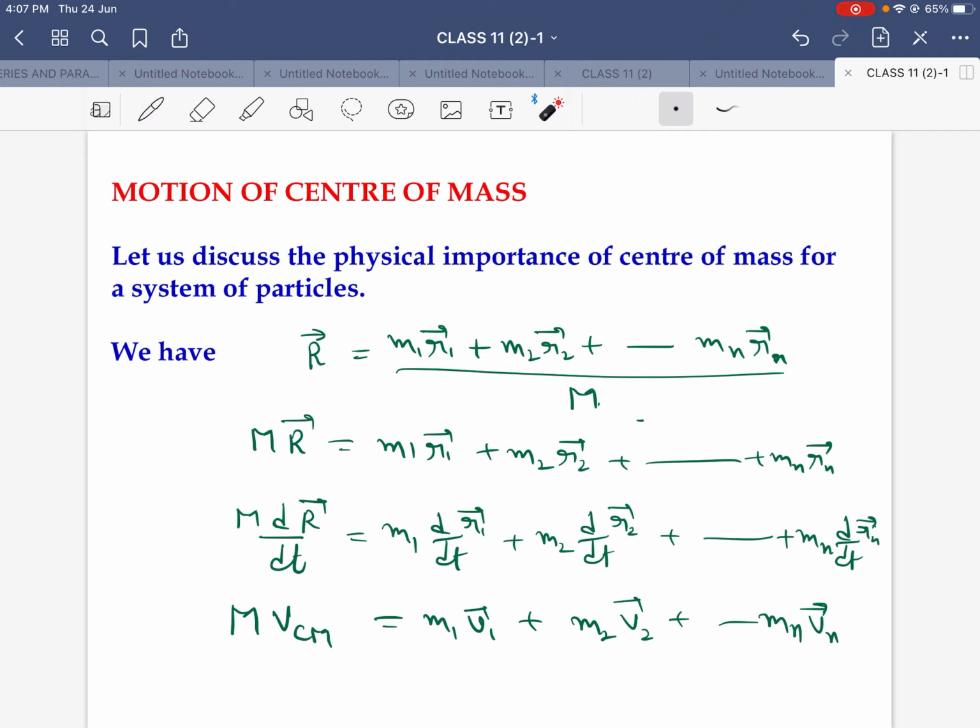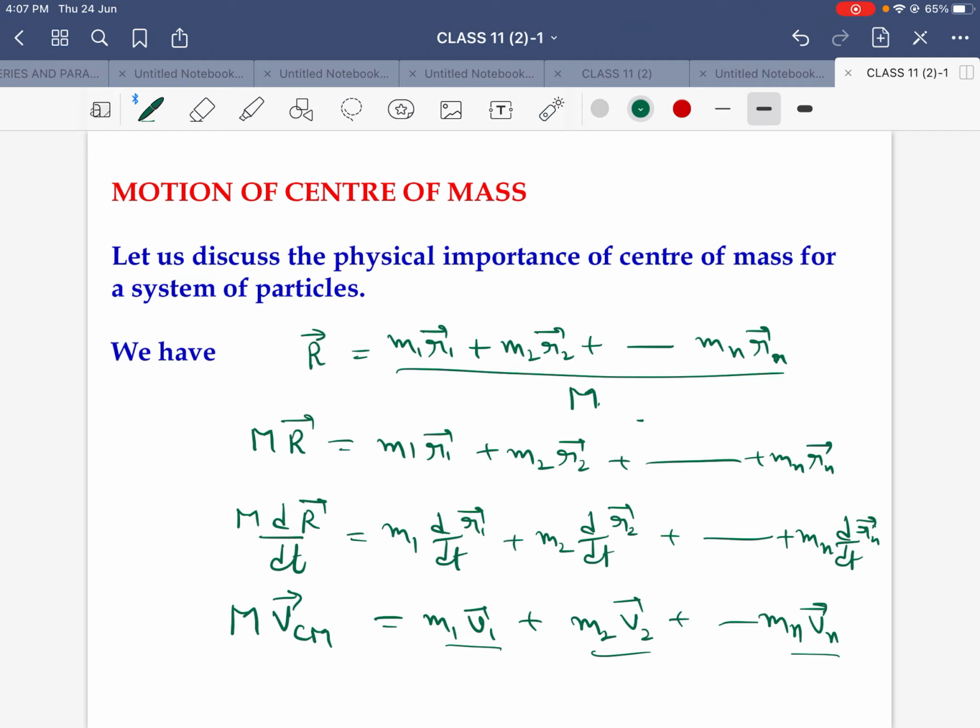Here this v represents the velocity of center of mass, and m1 v1 and so on are the momenta of the individual particles, first particle, second particle and so on up to nth particle.